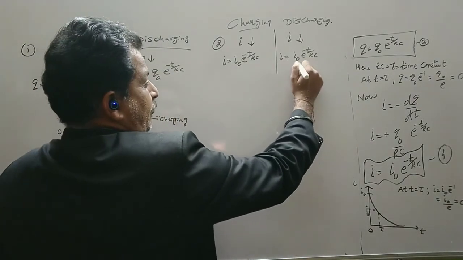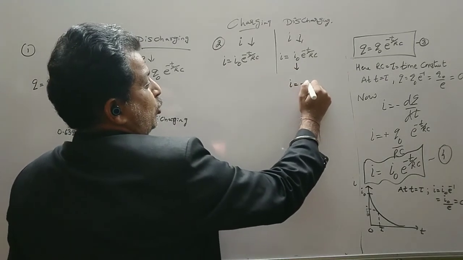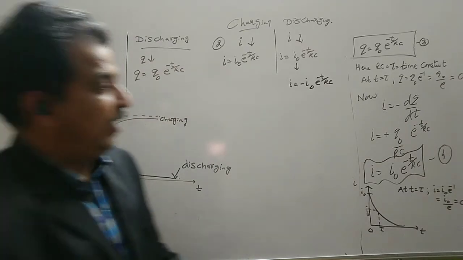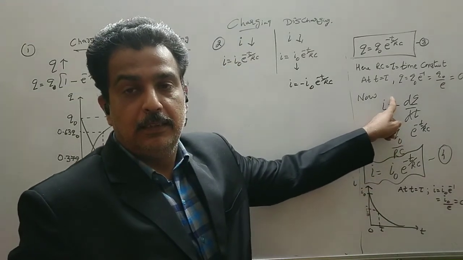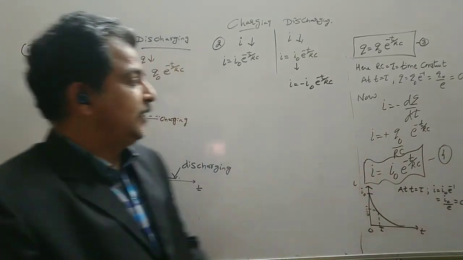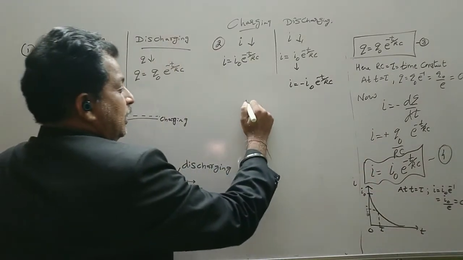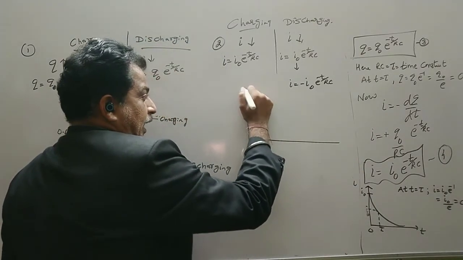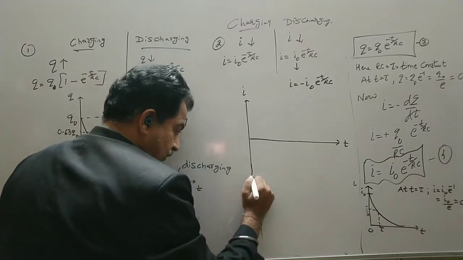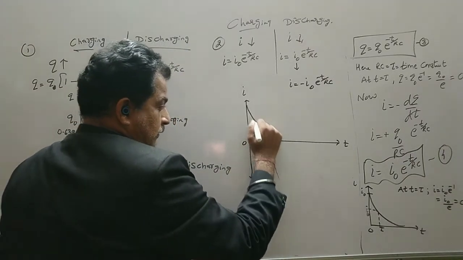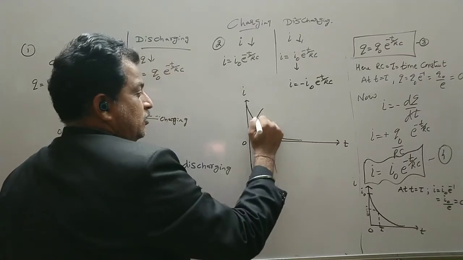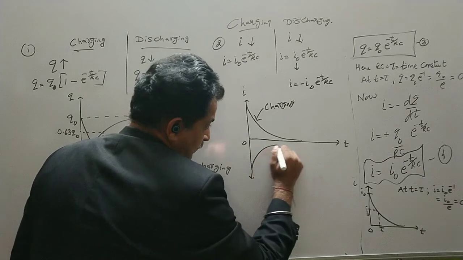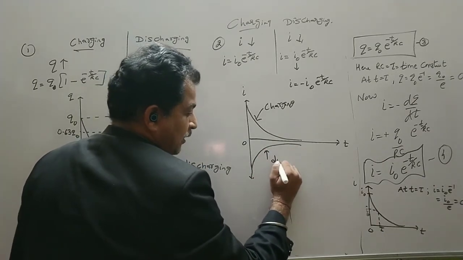Say if I write this equation, I is equal to minus I naught e raised to minus t upon RC, means if I consider this minus sign, then there would be a minus sign in this expression. In that situation, I can draw the graph like this. This is I versus t. This is charging. So current is decreasing. And here, this is discharging.